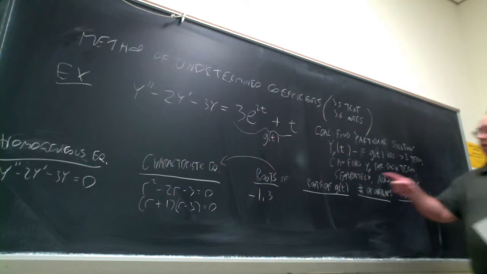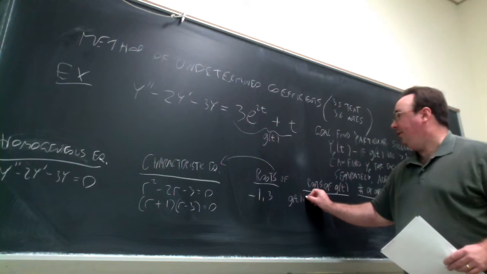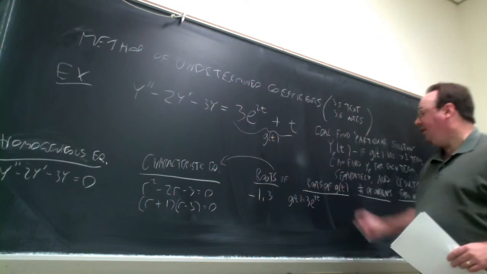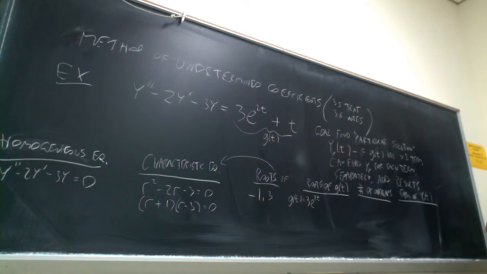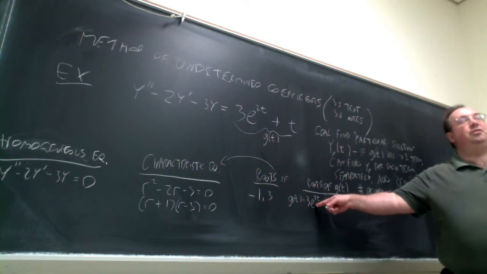Then our g of t, I'll write down the g of t here, is 3e to the 2t. Now what we have here is only an exponential. So what you're doing is you're looking at any exponentials or sines and cosines that you have to determine if they would arise from having real or complex roots. Here we only have an exponential. There's no sine and cosine.